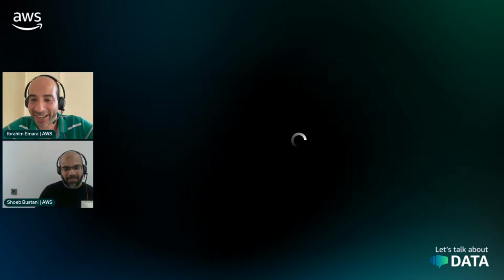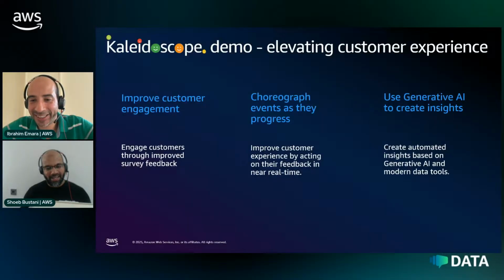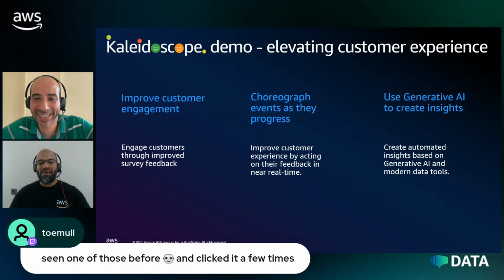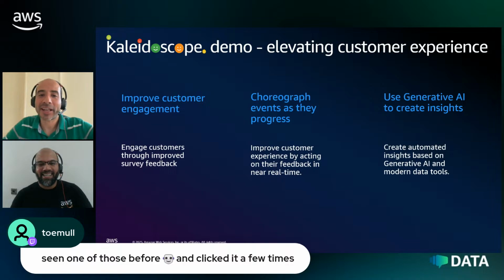Before going to that, I can see Tony, who will be the chat moderator for today, and he's saying that he's seen one of those before and used it a few times as well. Oh, really? So we have a familiar audience here.